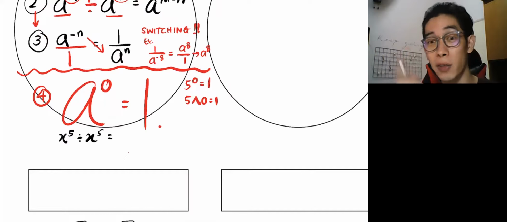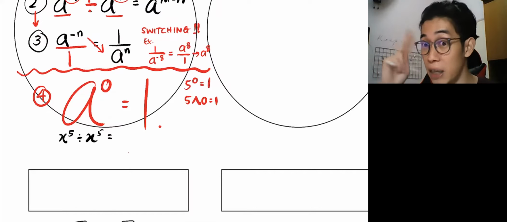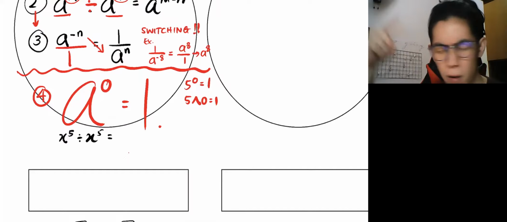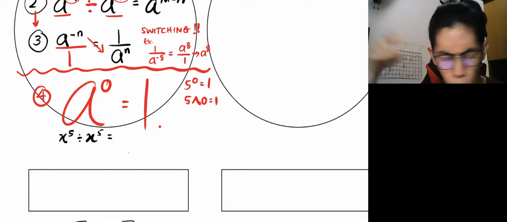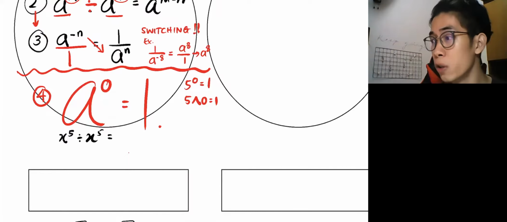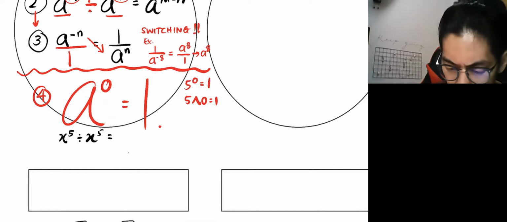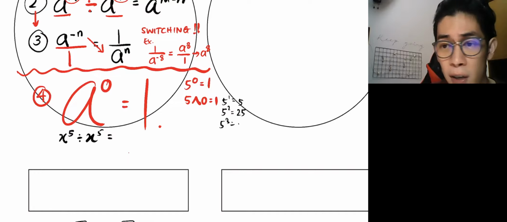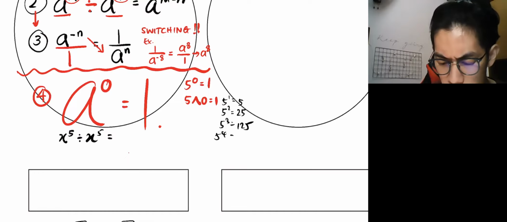Some of you are thinking there. Back then, when I saw this question, a lot of questions came out in my head, like, why like this? 5 squared is 5 times 5, 25. 5 power 1 is 5. 5 power 3 is 5 times 5 times 5, 125. Then 5 power 4 is 625.